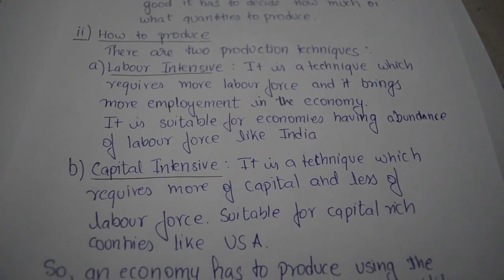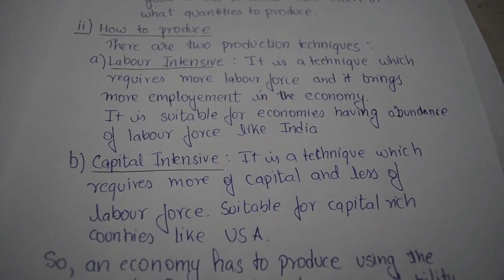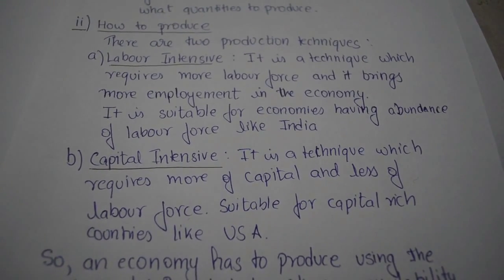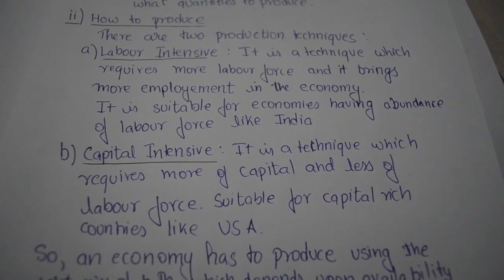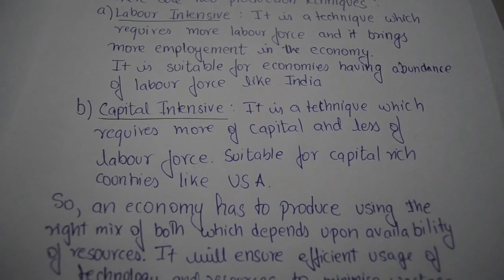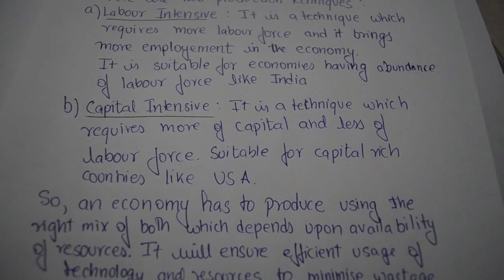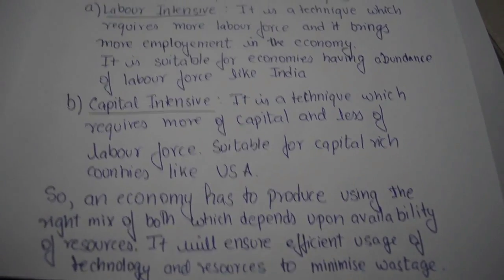Then we come to the second problem, which is how to produce. There are two production techniques. A, labor intensive: it is a technique which requires more labor force and brings more employment in the economy. It is suitable for economies like India because we have an abundance of labor force.